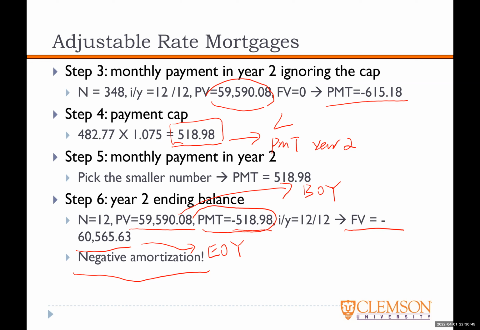So not only was the principal not being reduced for the year, the unpaid interest is also being rolled over to the balance of the loan. So although you've been making positive payments, your loan size grew. That is an adjustable rate mortgage with negative amortization.